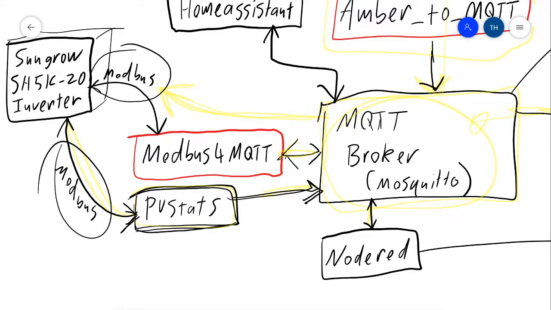So I created Modbus for MQTT, which is a relatively useful general purpose tool, and it talks Modbus TCP and converts it to MQTT. It's got a nice YAML interface. It's well tested. If you need to do Modbus TCP to MQTT, I highly recommend you check that out on GitHub. It's quite useful.